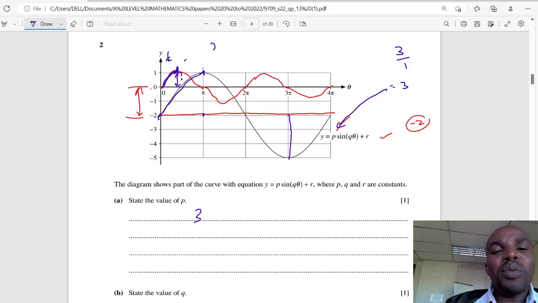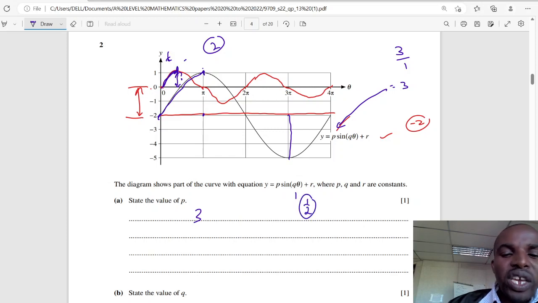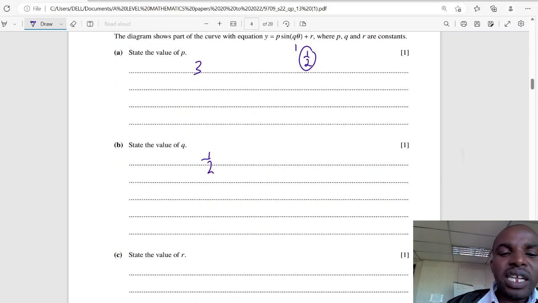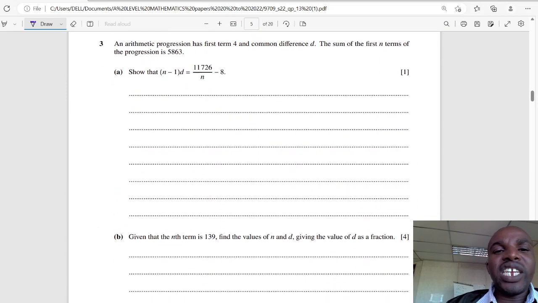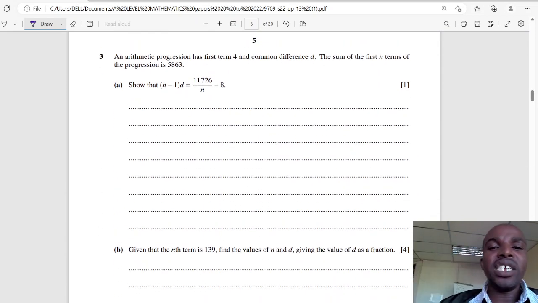So it means we have multiplied the x item by 2. So our q stretch factor must be half, because remember, if it's half, you multiply by 2. So our q is half. Then our r is minus 2. Done. So that's translation, that's stretch, and that's the transformation after all.